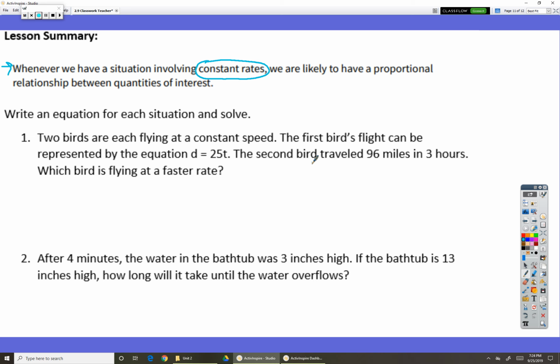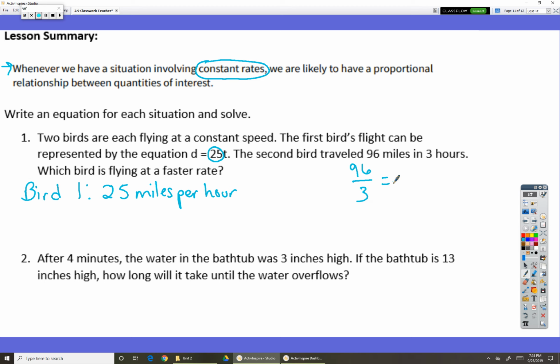Well, for the first bird's flight, we have the constant of proportionality right here in the equation. So the first bird, let's call him bird 1, was flying at a rate of 25 miles per hour. Bird 2 we have to figure out. Bird 2 traveled 96 miles in 3 hours, so we need to take 96 divided by 3 to find out how much that is in 1 hour.